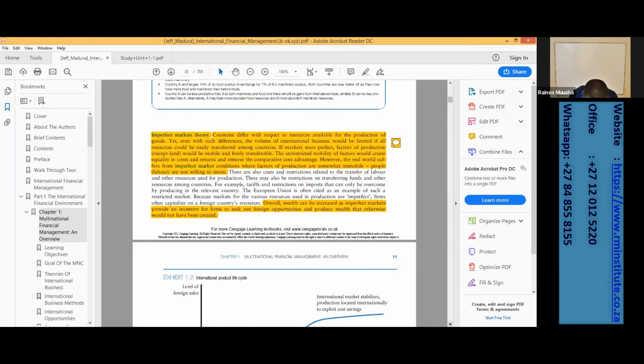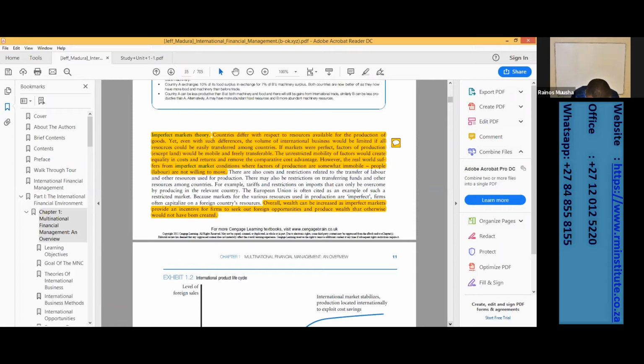Yet, even with such differences, the volume of international business would be limited if all resources could be easily transferred among countries. So if markets were perfect, the factors of production would be mobile and freely transferable. The unrestricted mobility of factors would create equality in costs and returns and remove the comparative cost advantage.